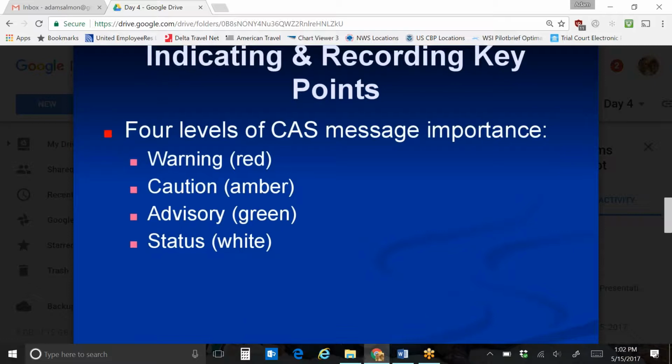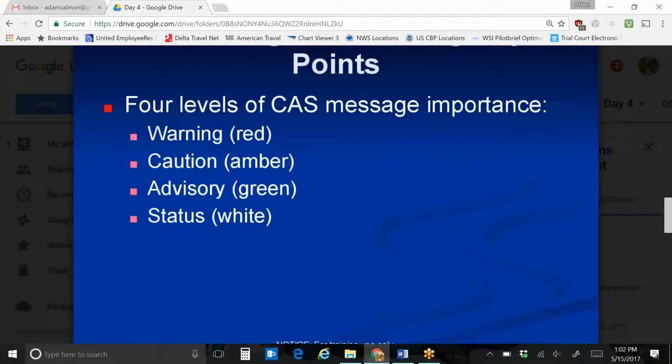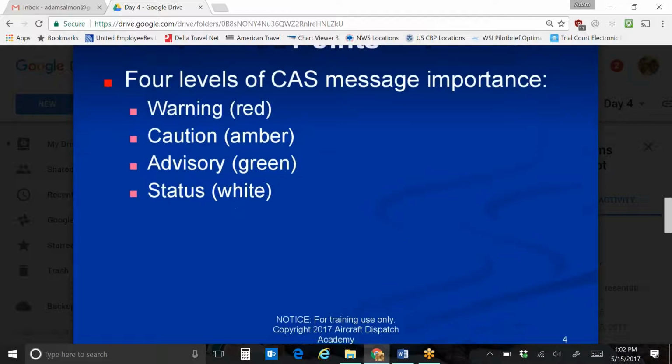So here are the four levels of messages which it provides. A warning message would be red, a caution would be amber, advisory is green, and status is white. Just be able to remember those specific categories.